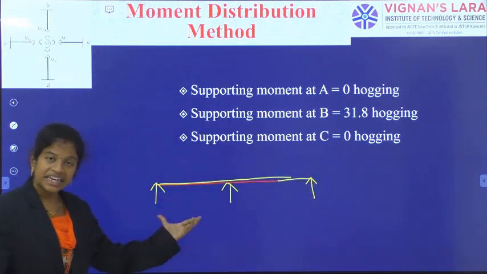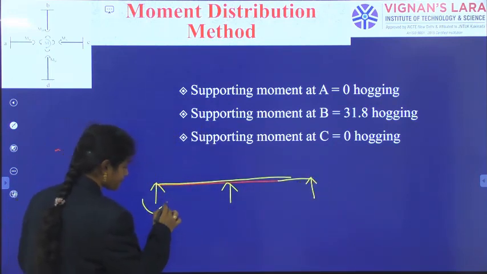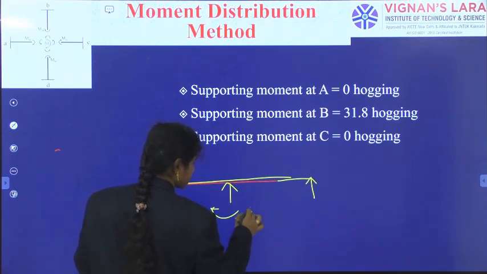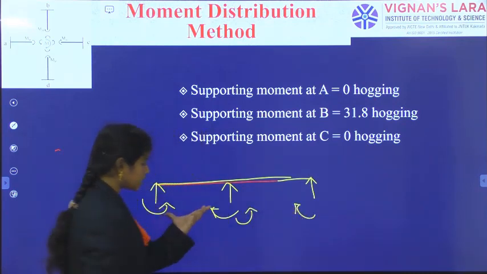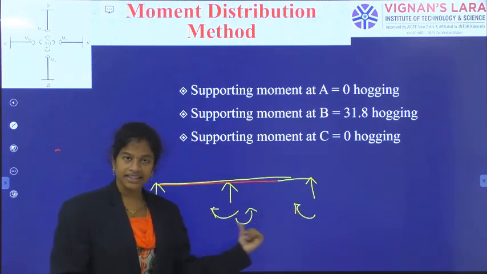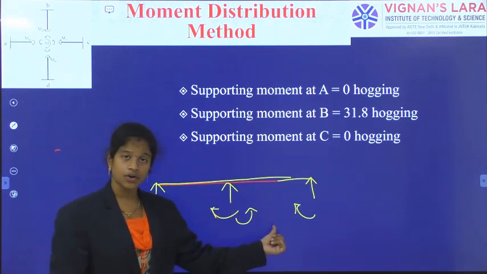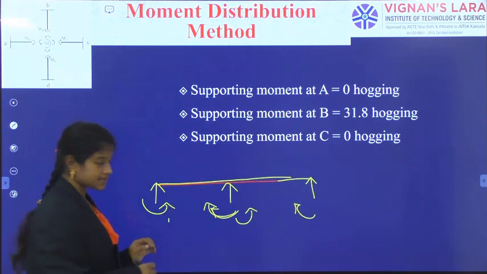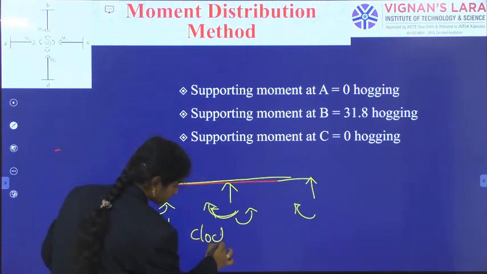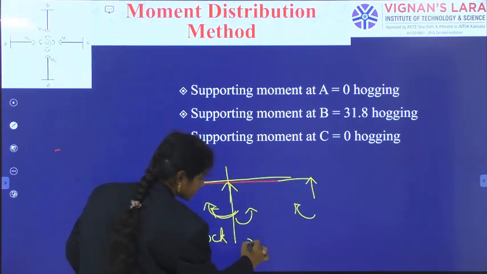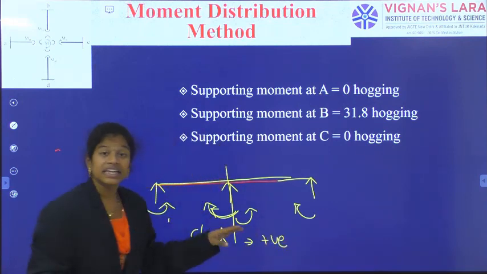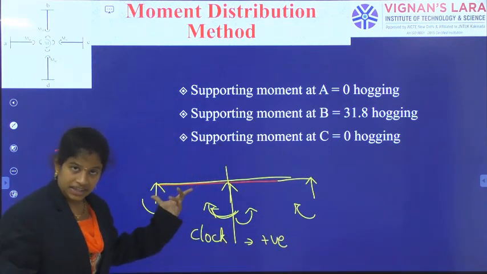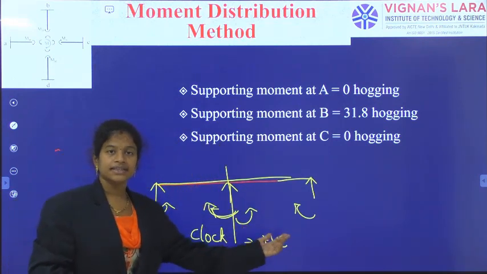When you observe each individual figure, individual spans we have considered like this. This is hogging, this is hogging. And if it is clockwise, it will be considered positive in the moment distribution method. In the first span, clockwise, then it will be positive.